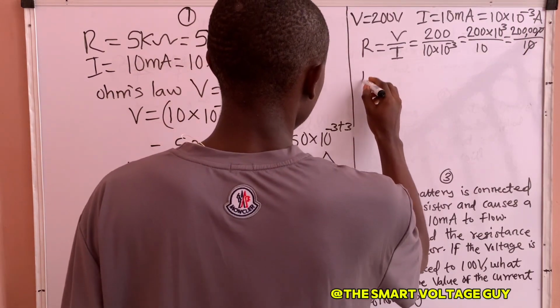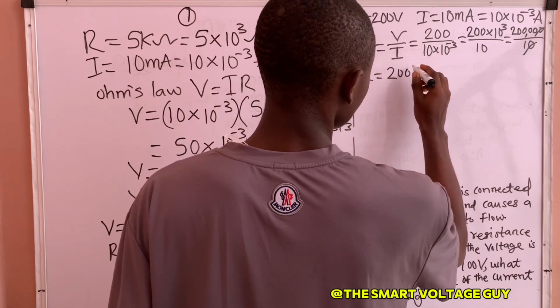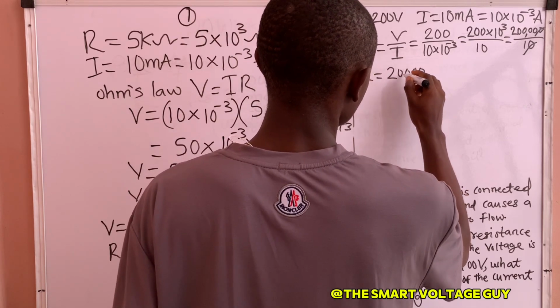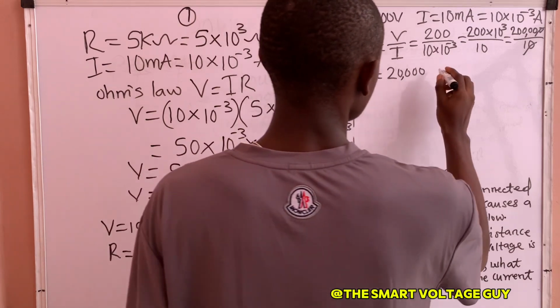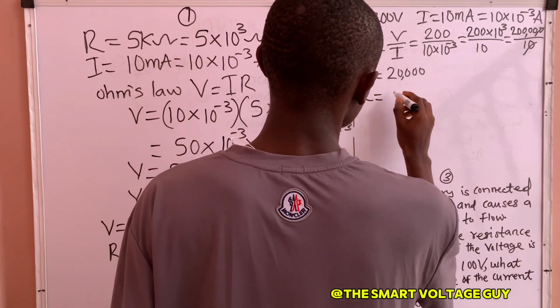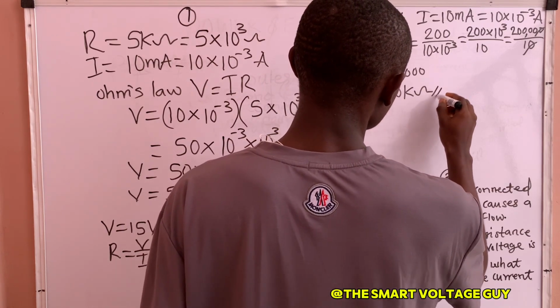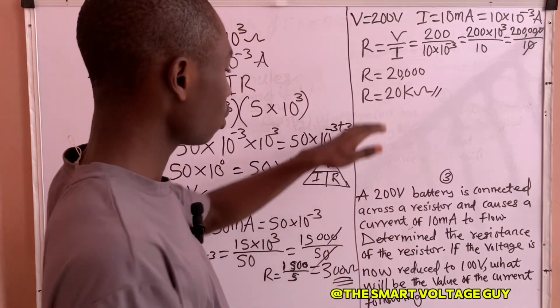So the value of R will be equal to 20,000, which is the same thing as 20 kilo ohms. So this is the answer. This is the value of the resistance.